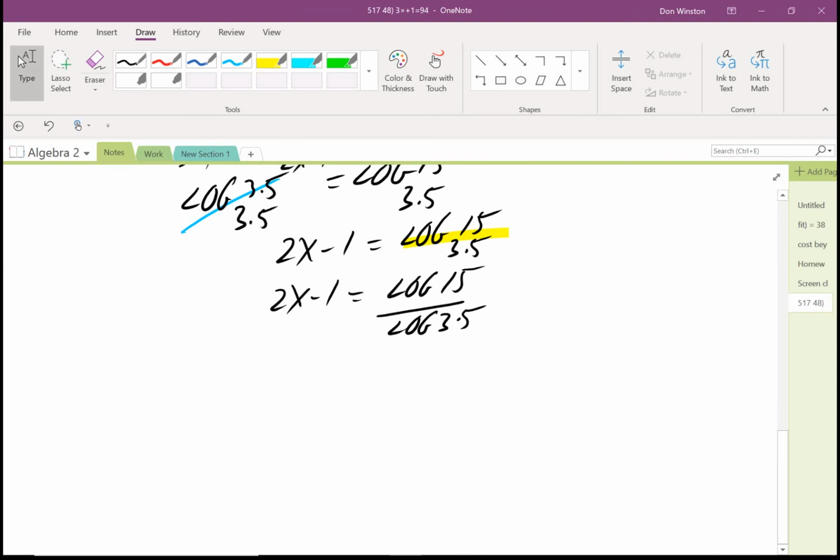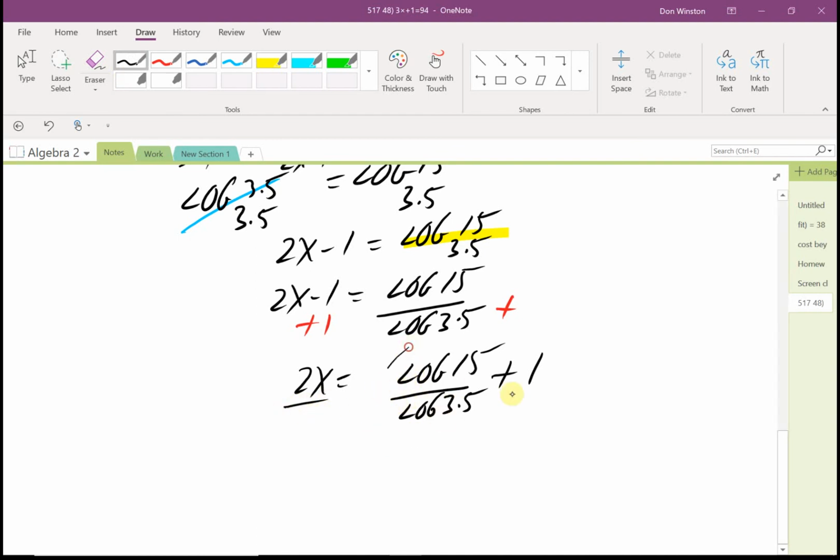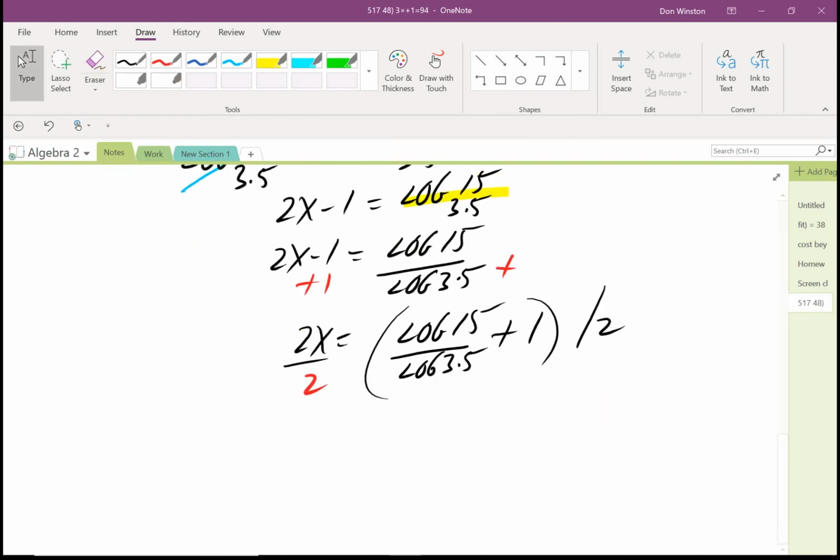Next step is to add 1 to both sides, so I'll get 2x is equal to log base 10 of 15 over log base 10 of 3.5 plus 1. Okay, I'm adding 1 to both sides here. And then finally, I'll just divide everything by 2. And that will be my final answer.